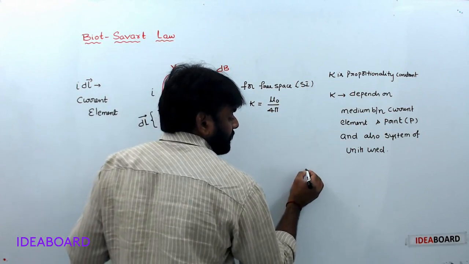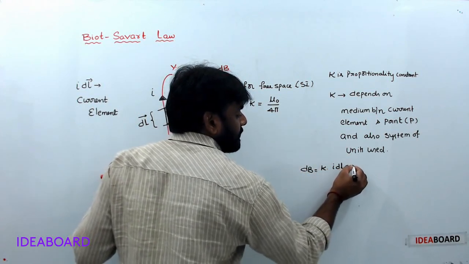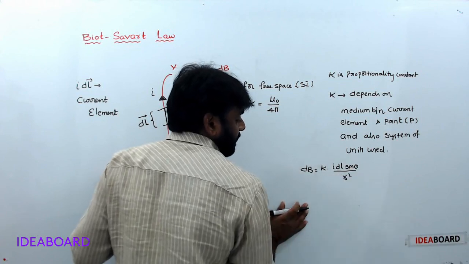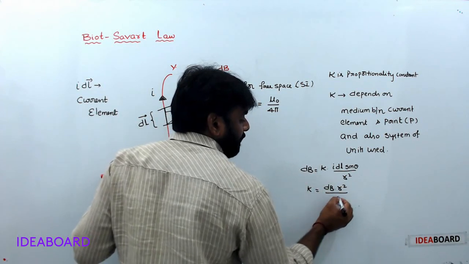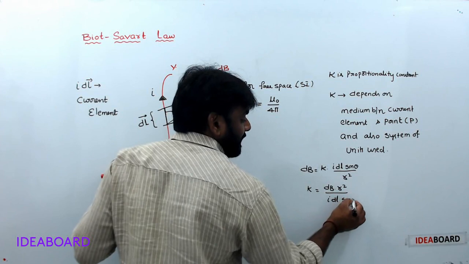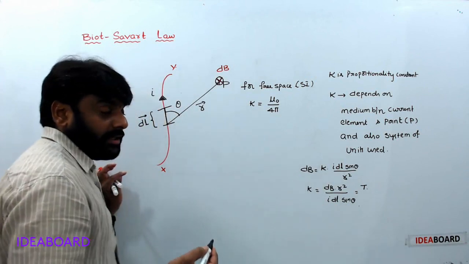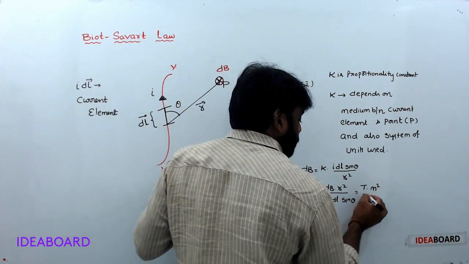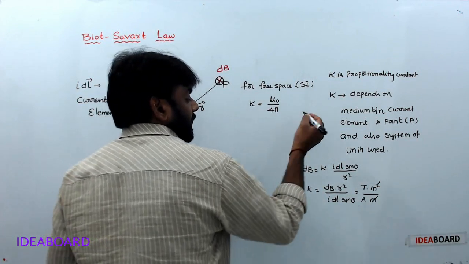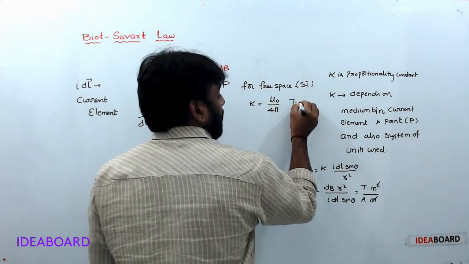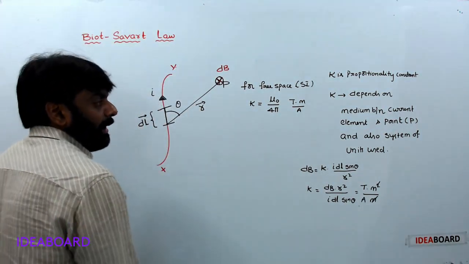See, dB is equal to k into I dl sine theta by r square, so k is dB r square by I dl sine theta. dB is in Tesla, r square is meter square, I is ampere, dl is meter. That means its units are Tesla meter per ampere.